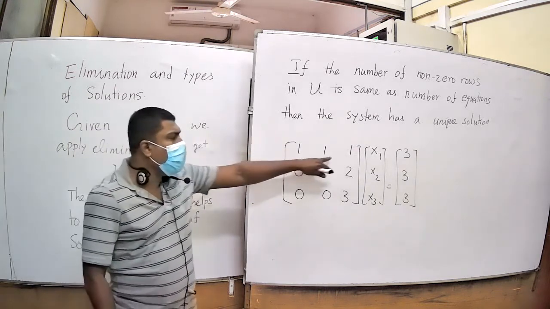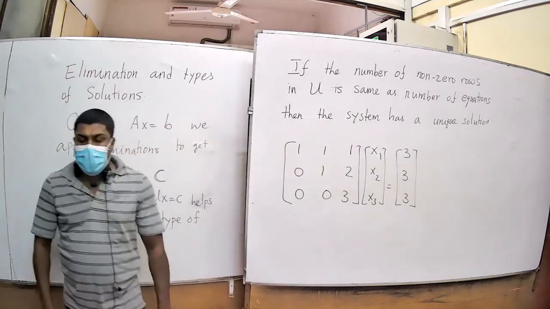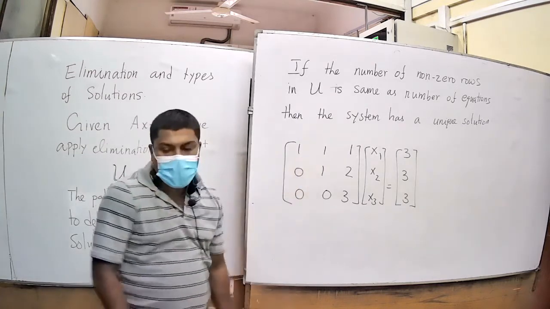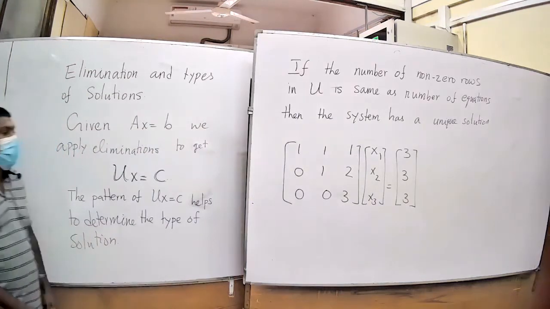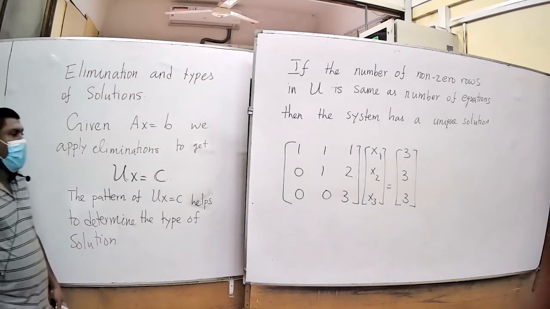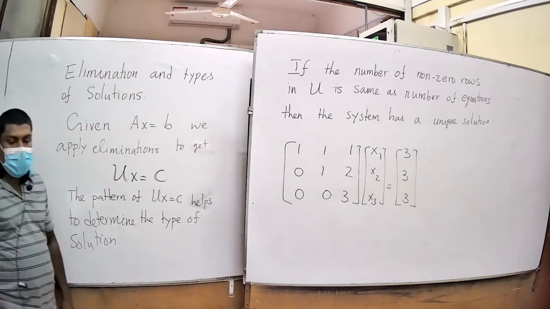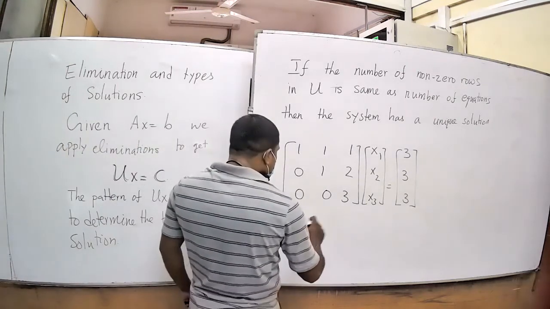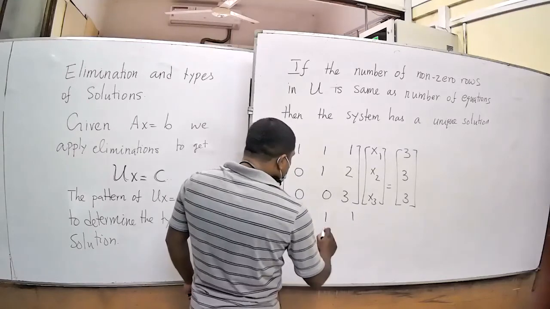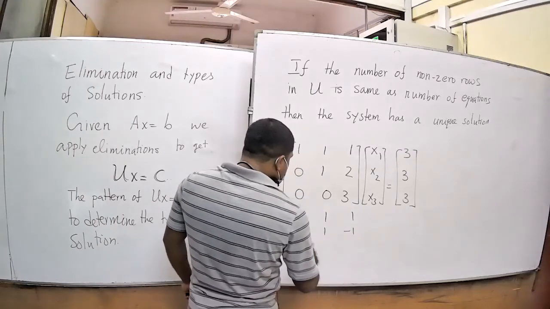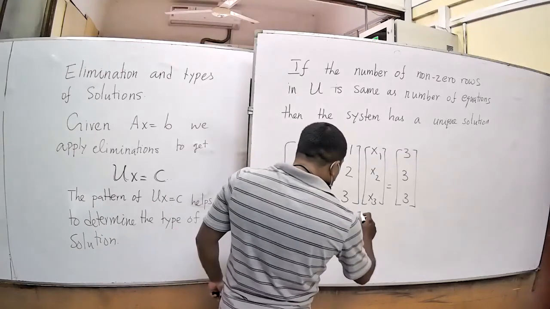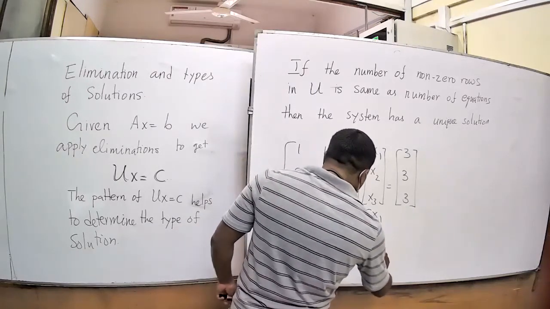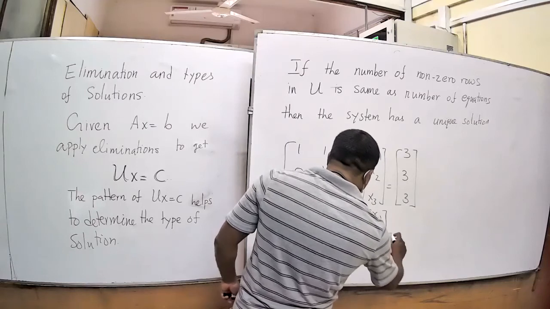And it is same as number of non-zero rows, which is also 3, right? So this one is a non-zero row, this one is a non-zero row. So this has a unique solution, exactly one solution. You can find the solution, it is 1 1 1, right? Similarly, this one is also the same, 1 1 1, 0 1 minus 1, 0 0 5. So this is x1 x2 x3, right?